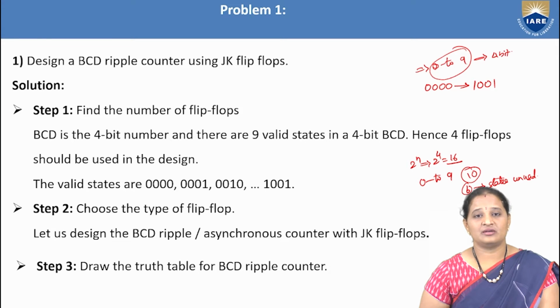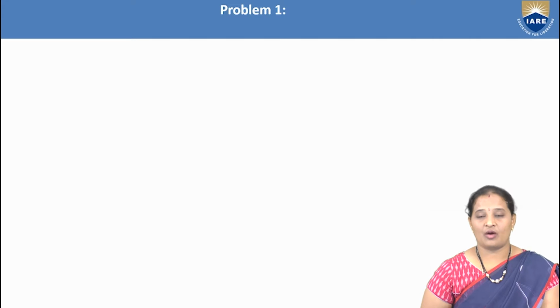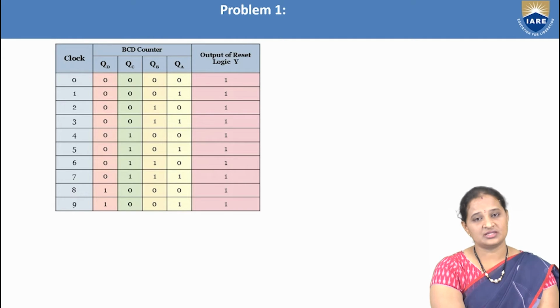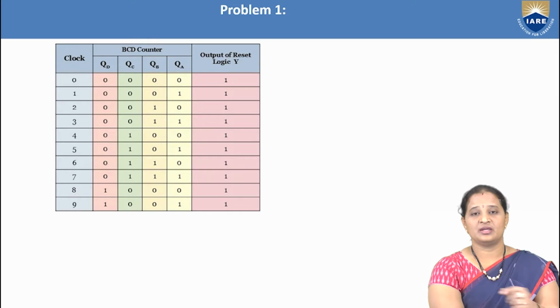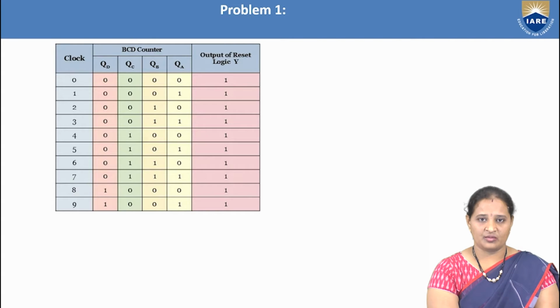Now the fourth step is to draw the truth table for the BCD ripple counter. So how to draw the truth table? In the case of synchronous sequential circuits or counters, we drew the truth table by considering the excitation table of the flip-flop. But here it is not required.